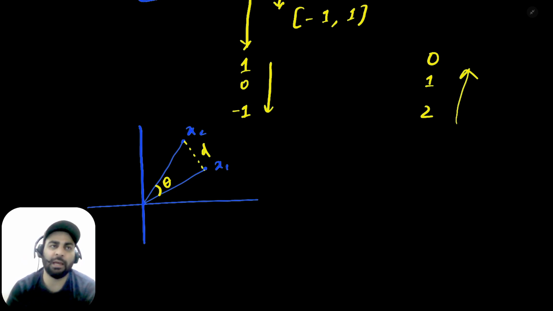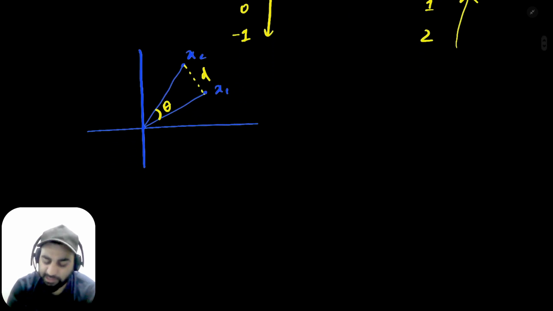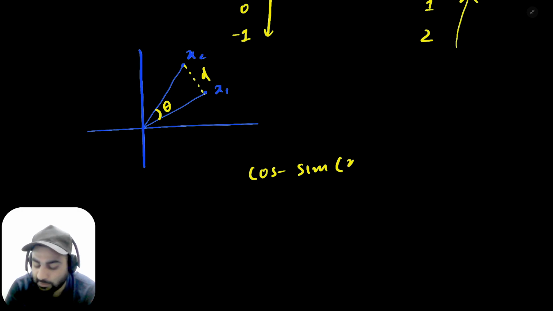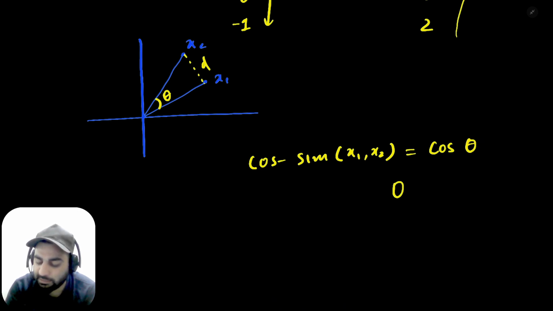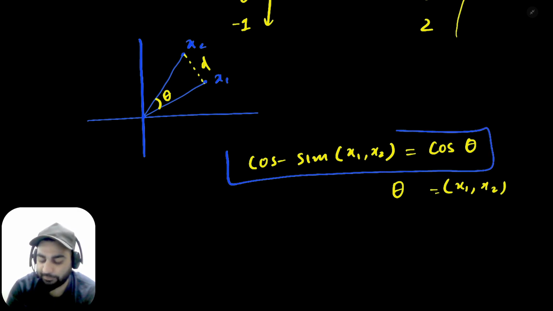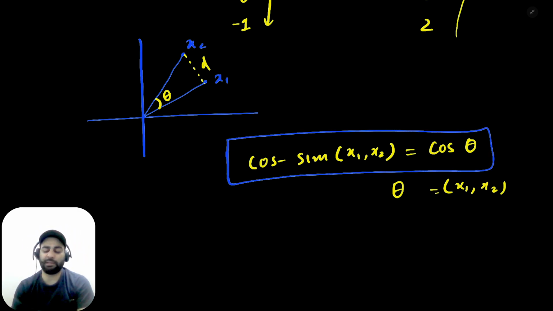So if I know the angle between these two, then I can capture some sort of similarity between these things. So what I'll say is, cosine similarity of x1 comma x2 is equal to cos of theta, and this theta is the angle between x1 x2. So this is how I define this cosine similarity. So I define cosine similarity as cos of theta, and theta is the angle between x1 and x2.